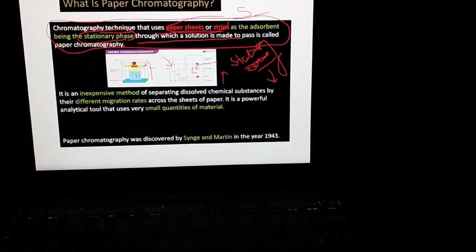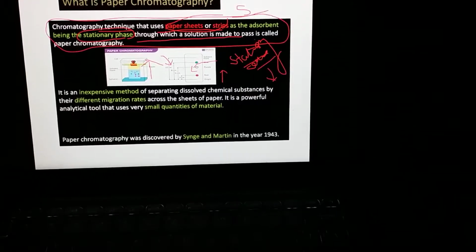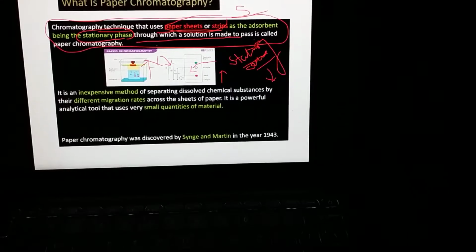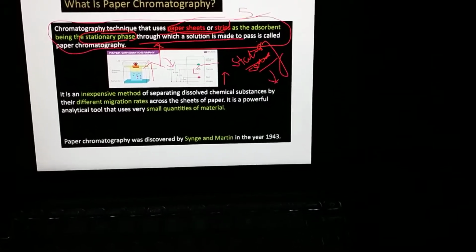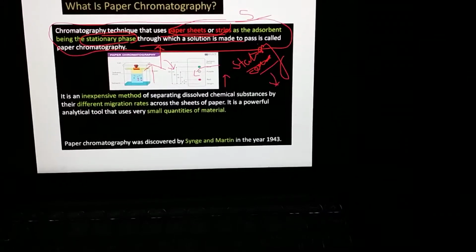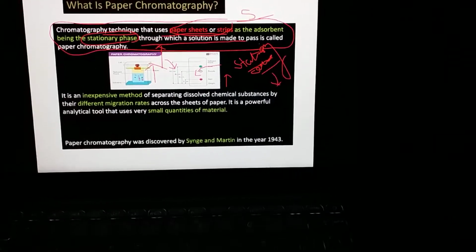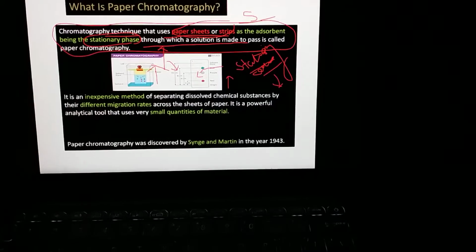That's why the non-polar compound will not interact with the stationary phase and it will move up. The rate of non-polar components on the stationary phase will be higher as compared to the polar component. Through this concept, the components of a mixture move in the forward direction.